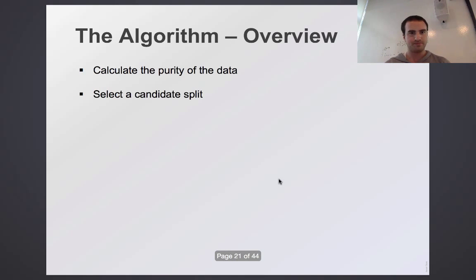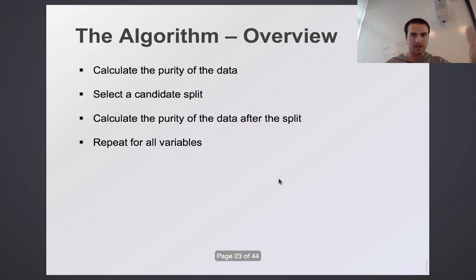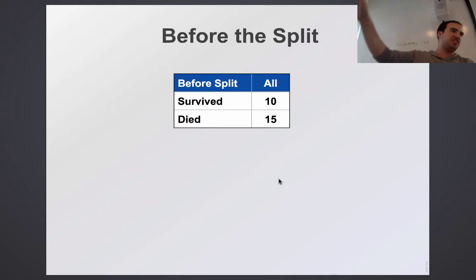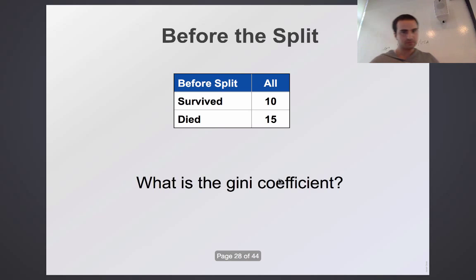Here's an example. Before the split, let's say of 25 people, 10 people survived, 15 people died. This is before we split it on anything, gender, siblings, whatever.